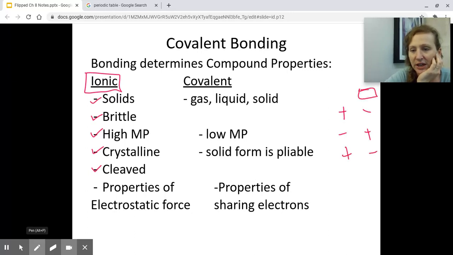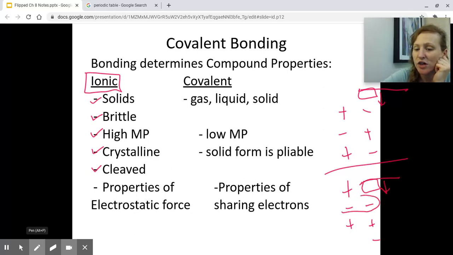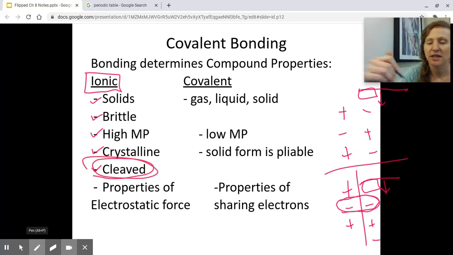So if we hit this side with a hammer and we get this shift in charges because they were hit down, okay, we now have charges that line up with each other, and we're going to get this clean break. That's why if you ever hit a rock and it breaks, you're going to get this really clean break. And that flat face that occurs, we say that the rock has been cleaved. And then it leaves that super smooth surface.